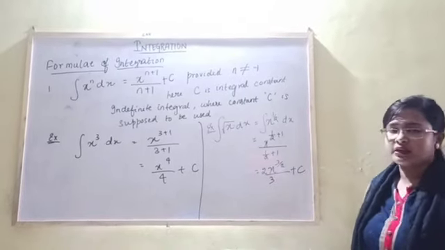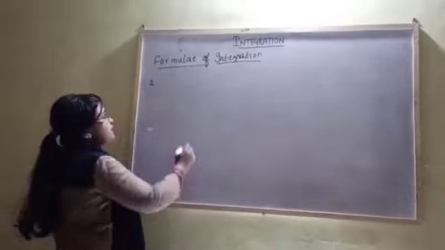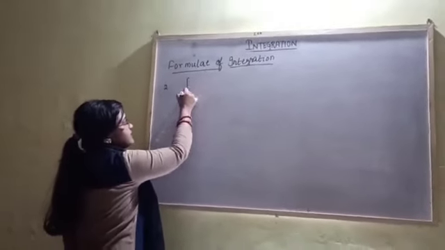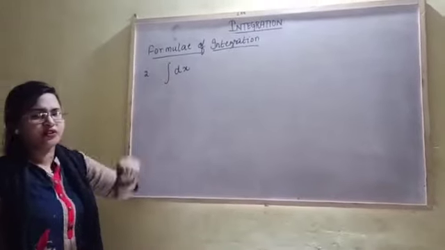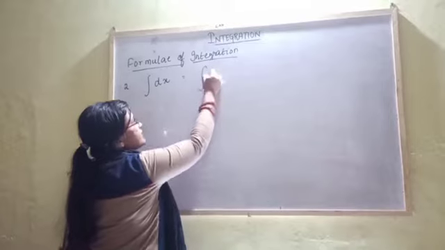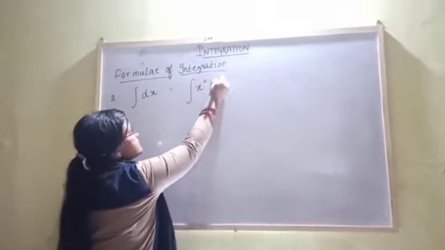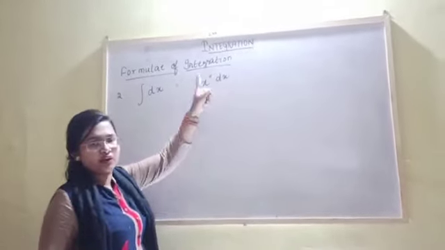So please note it down and we will proceed towards the second formula. The second formula is integration of dx. Just integration of dx. We can write it as x to the power 0 dx. Clear? Any number to the power 0 is 1.